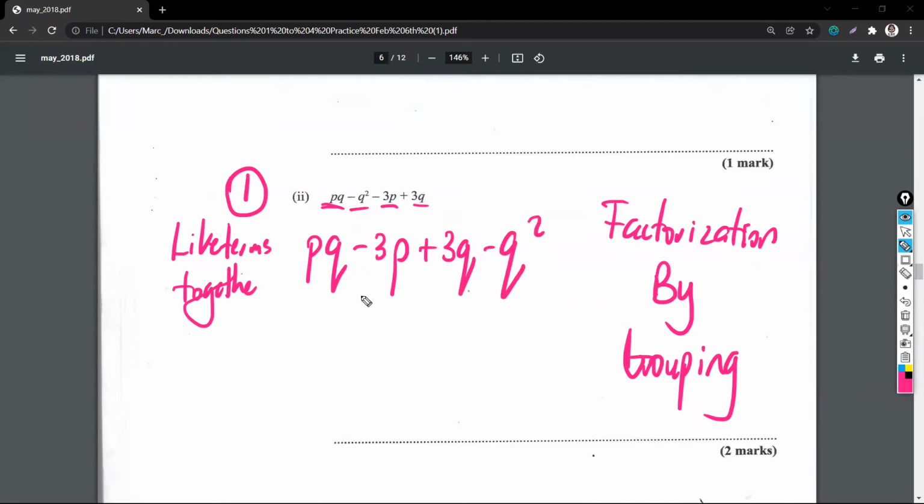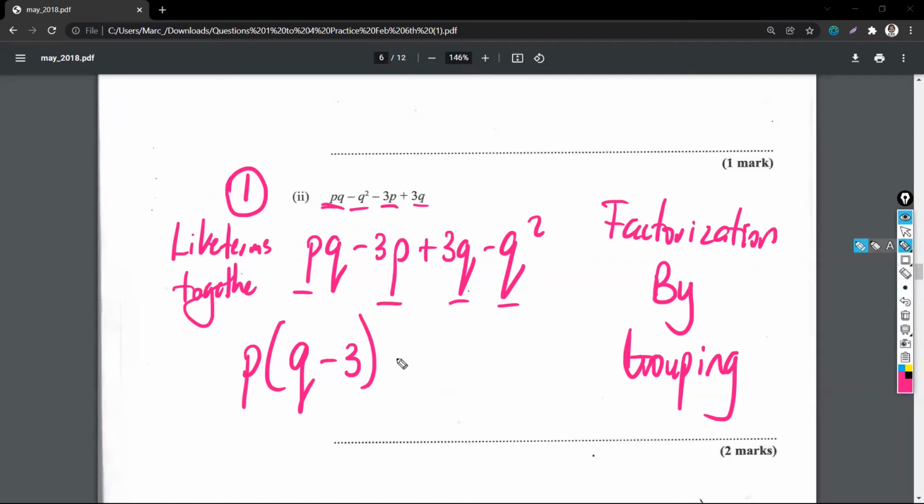So now, guys, all I need to do is take out the P out of both of them. I'm going to say P times Q minus 3. And for these two, I'm going to take out a Q out of both of these, and I'm going to get plus, plus Q. Oh, no. I'm not going to say plus Q.